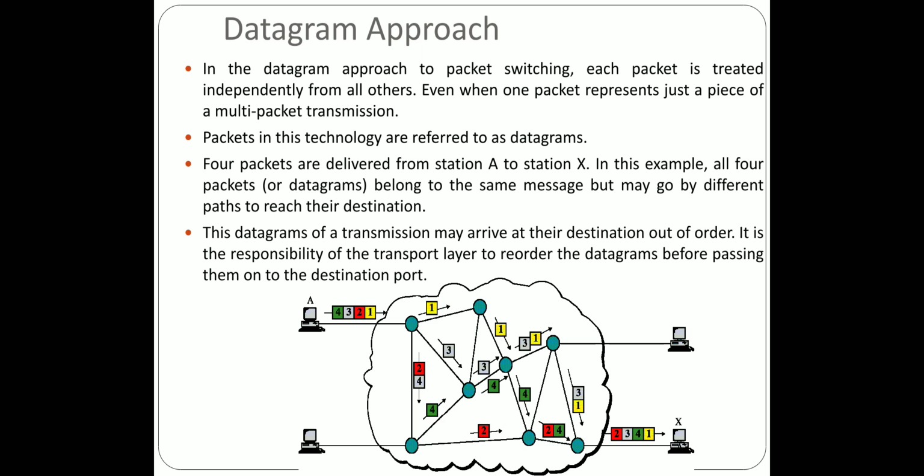So it is the responsibility of the transport layer to reorder these datagrams before it sends them to the destination port. So you can say, in a sense, that circuit switching works at the physical layer, and packet switching works at the network layer.